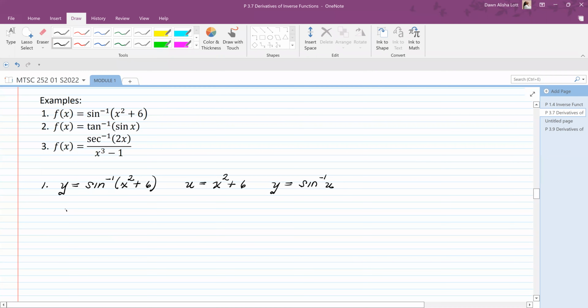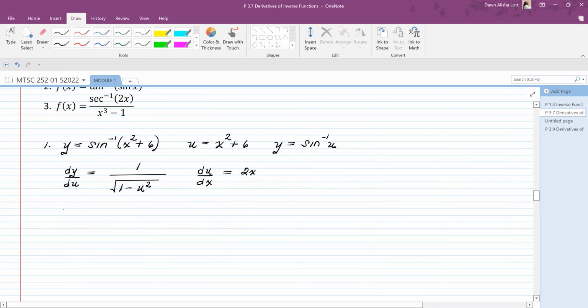The derivative of y with respect to u, the sine inverse of u, is literally just 1 over the square root of 1 minus u squared. And then du dx is simply 2x.